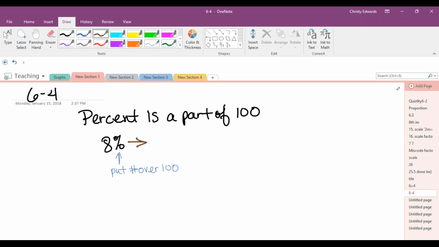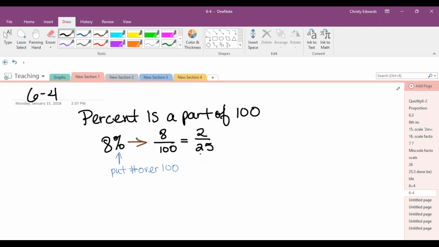So how would you change 8% to a fraction? Pretty straightforward. 8 over 100. And then do you think you reduce it? If you can, sure. They both divide by 4. 2 over 25, and that's as good as it gets, right? 8 divided by 4 is 2, 100 divided by 4 is 25. That doesn't reduce anymore.